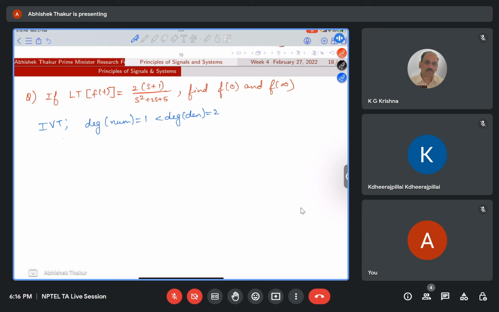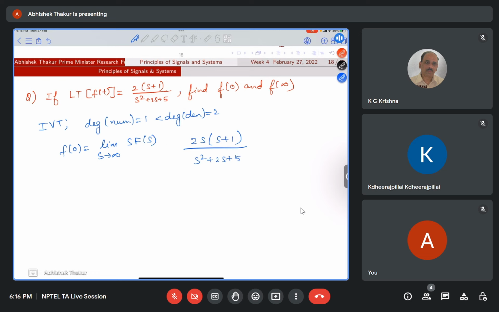Here it satisfies the condition, so f of 0 is equal to limit s tends to infinite s Fs, that is s times (2s plus 1) divided by s square plus 2s plus 5.